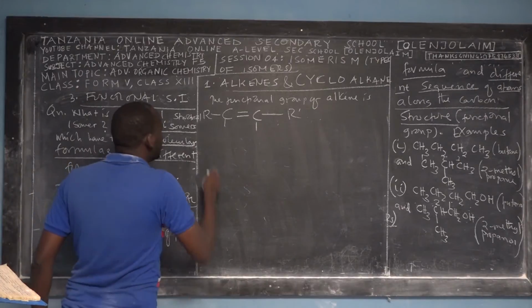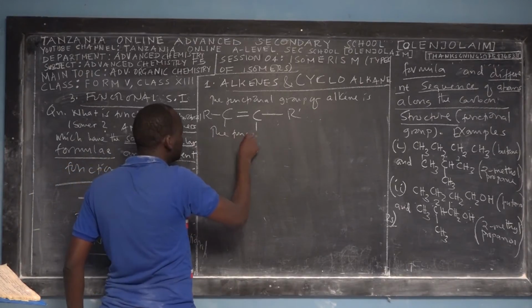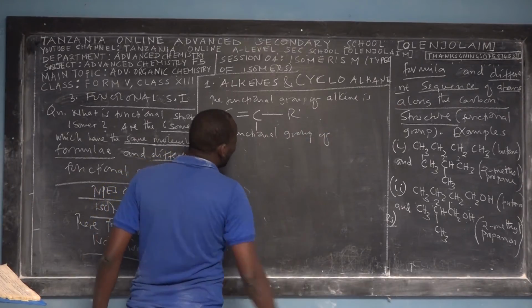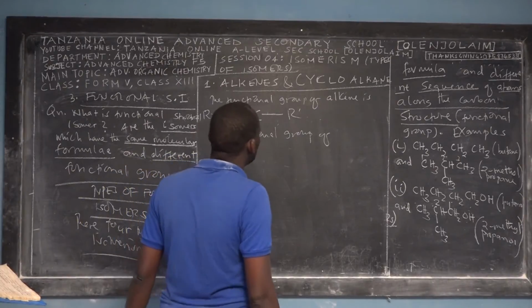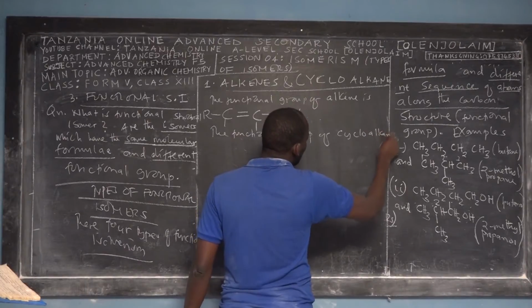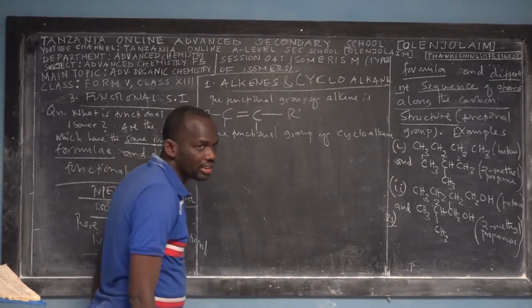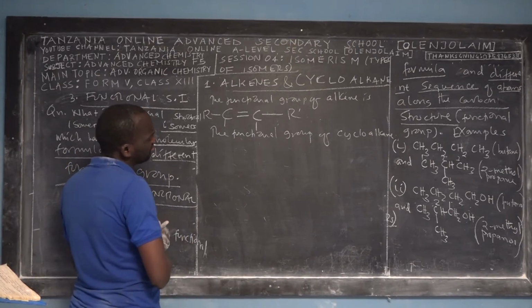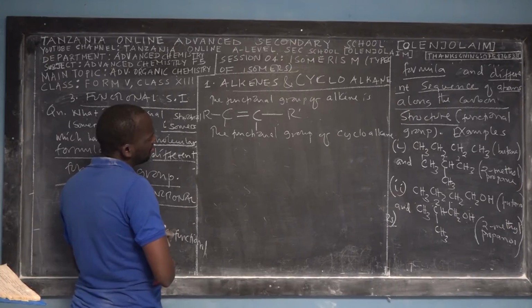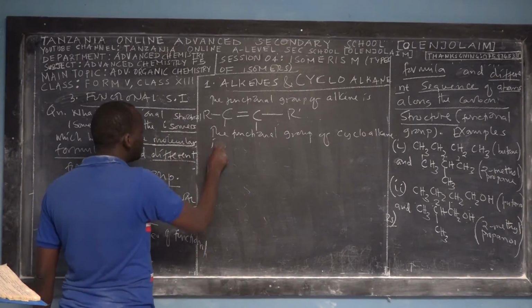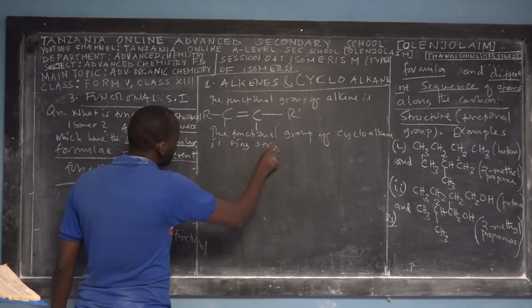The functional group of cycloalkane is a ring structure. So it is a ring structure.